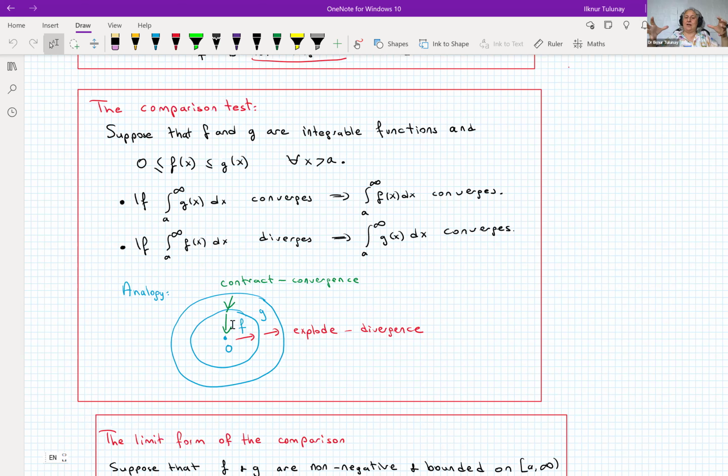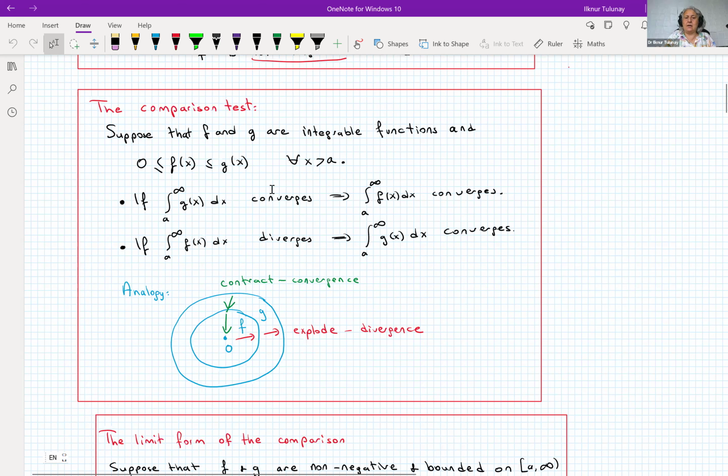If your bigger ball contracts, which means converges, then the inside ball has to converge as well, because the outside ball is getting smaller and smaller until it reaches a single point. That is what contraction means. If the bigger ball contracts, the smaller inside ball has to contract. There's no other option.